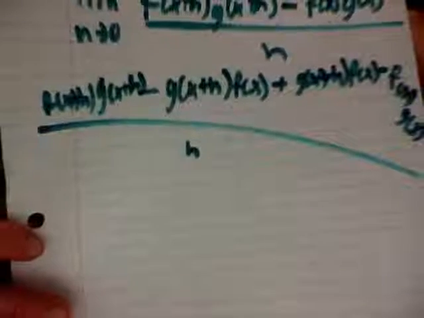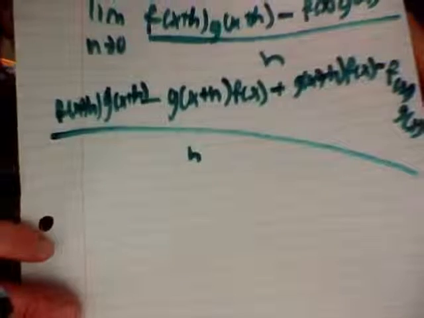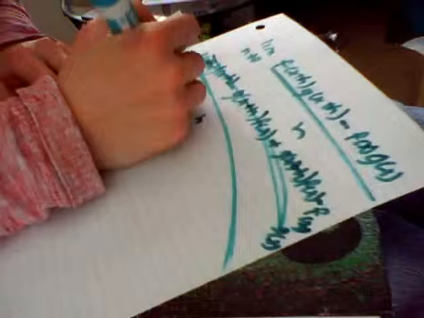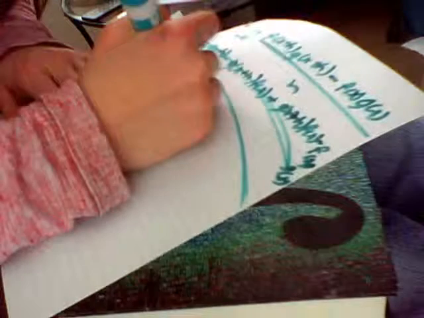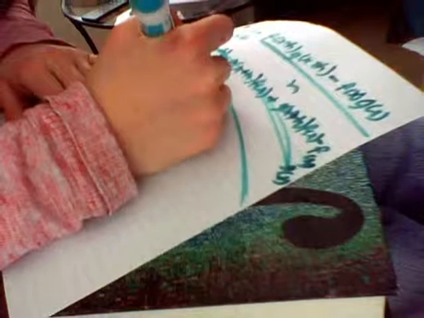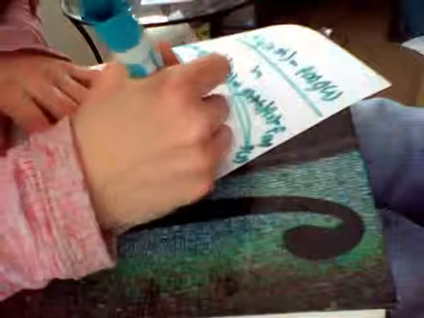Really hope you can read that. Sorry if you can't see this. Okay, there. So then the next step is just factor. Learned this before, and it's the same thing. Factor out g of x plus h from the first one, and then factor out f of x from the second one.